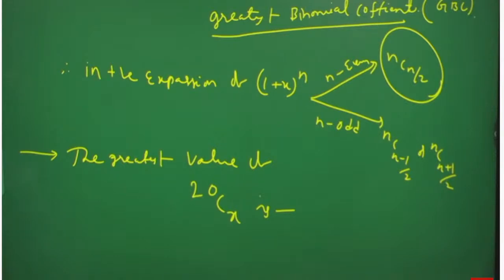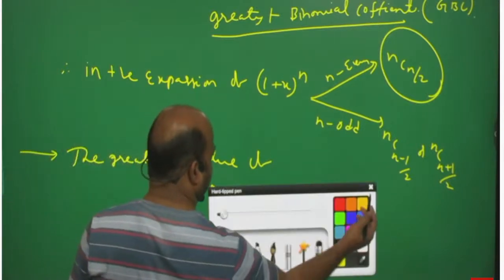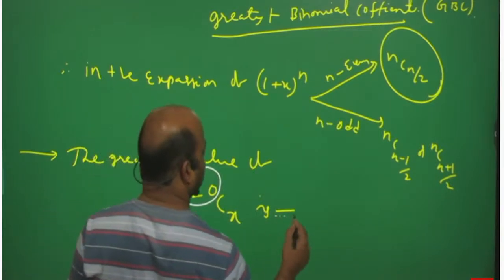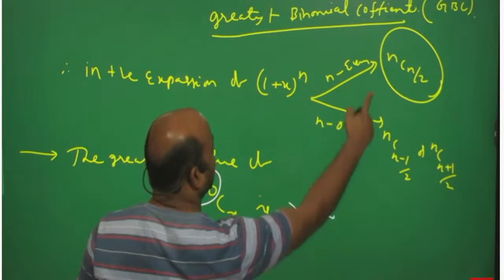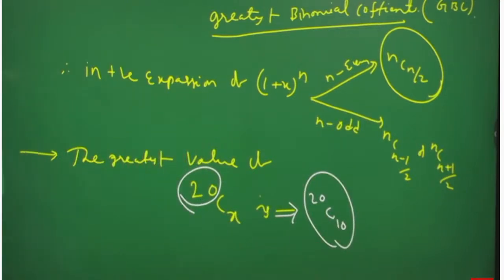Somebody asked something like that. So here, look here. Here n is 20. The greatest value is nothing but 20C n by 2, that is 10. That's it. Simple question, huh? They already asked it in competitive exams. Take it up.